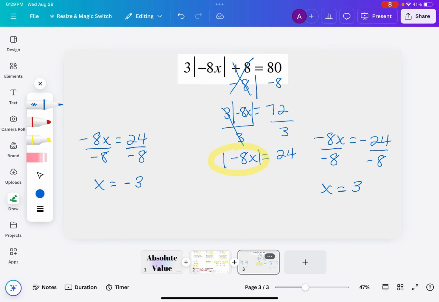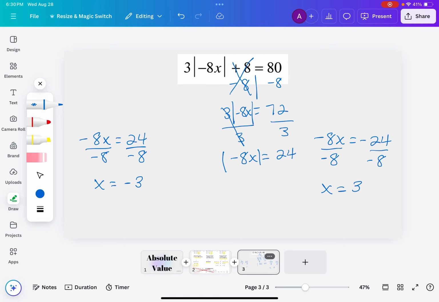So remember, once you get that, you need to plug it back into the equation to check your answer. You could plug it into the original equation right there, or you can plug it into the simplified equation. It's really your choice. I am going to go ahead and plug it in for the simplified equation just because I find it easier.